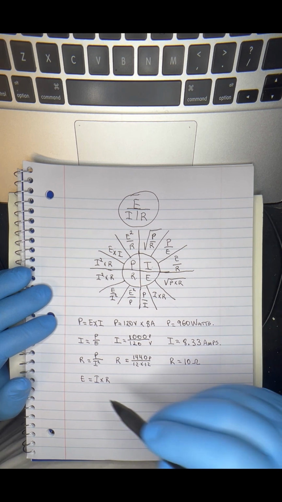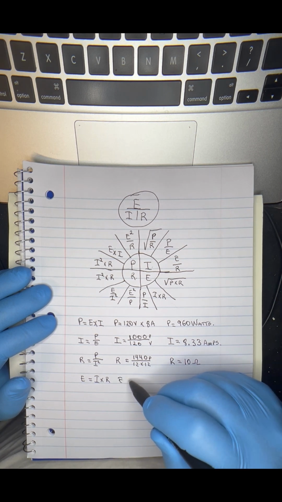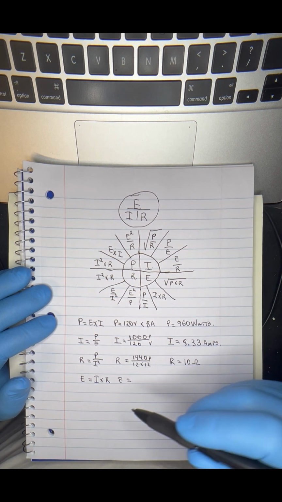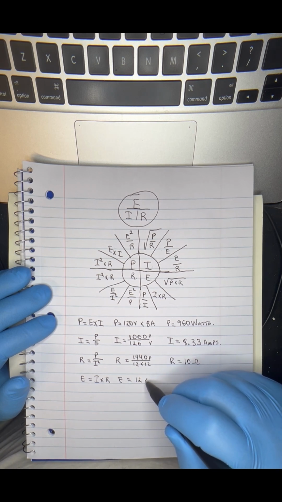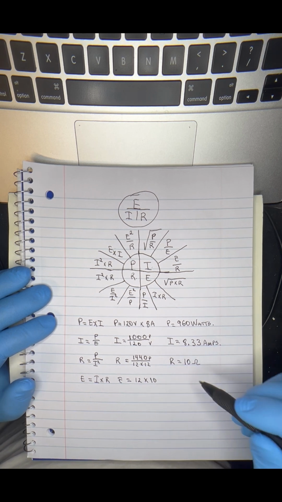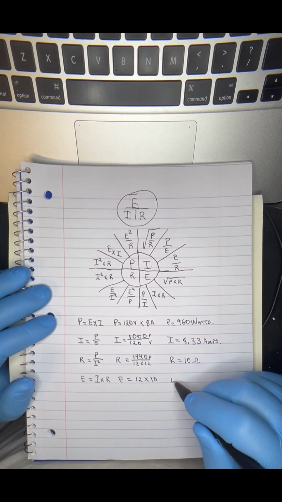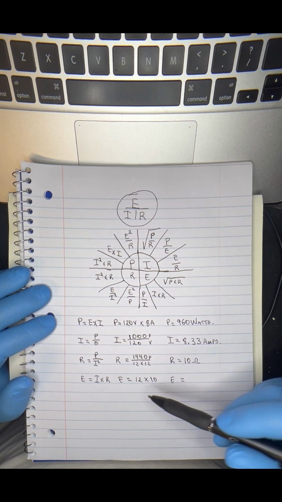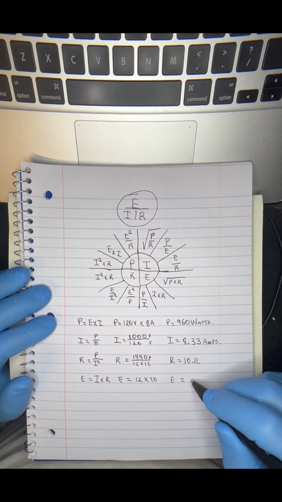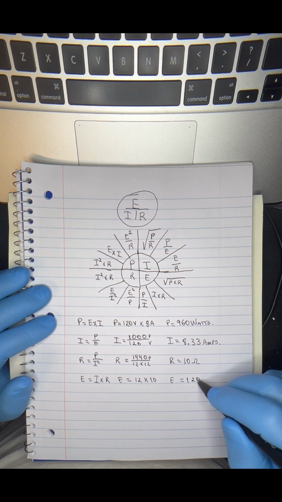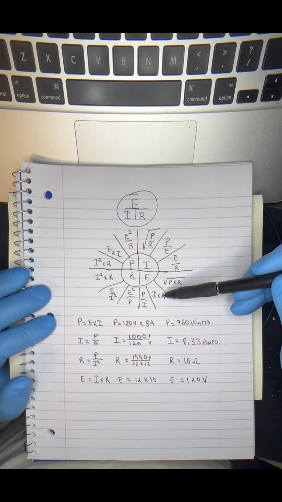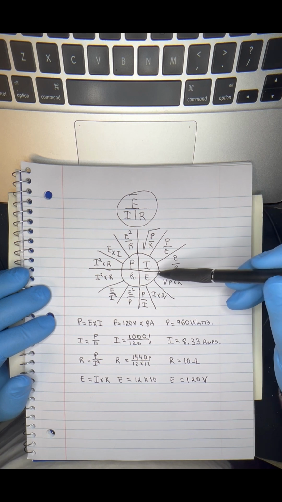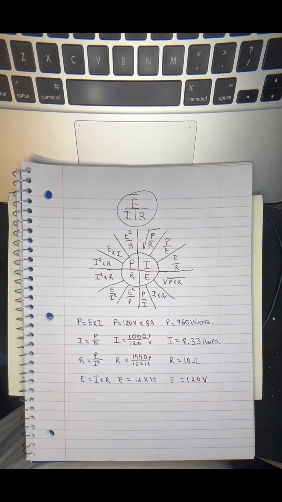So we know that E equals 12 amps times 10 ohms. It will equal 12 times 10, or 120 volts, which is our method in the chart of Ohm's law.